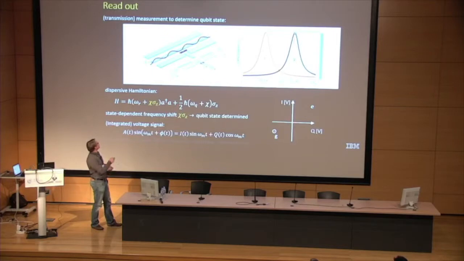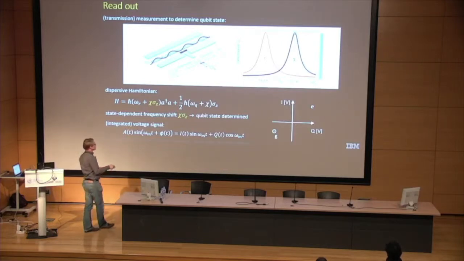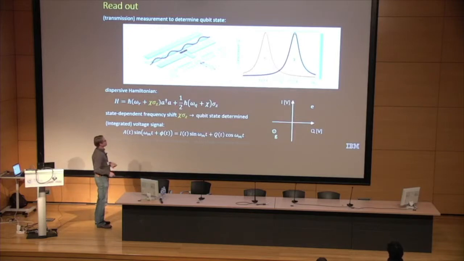So what we are doing now is we send in a tone, and we look at the amplitude, or you can also see the I and Q quadratures. But I and Q quadratures are just like amplitude and phase of a signal. You can decompose it into the real and imaginary part, or the I and Q quadrature terms, as the sine and the cosine of this wave that you detect here at the end.